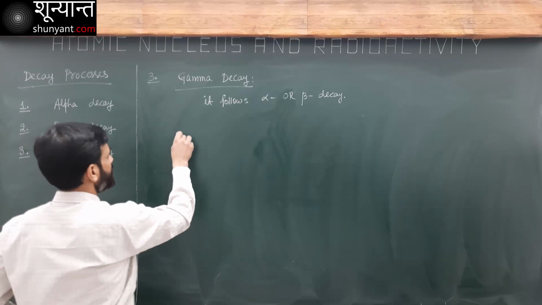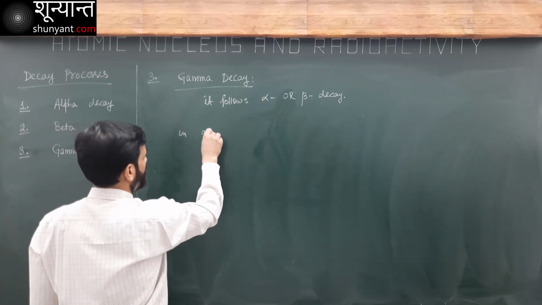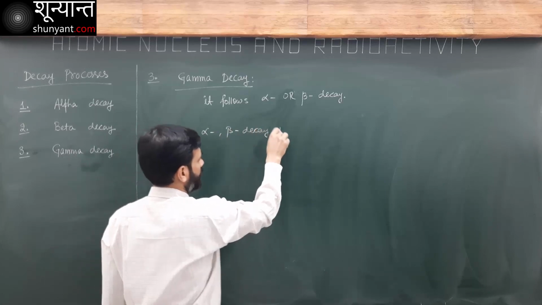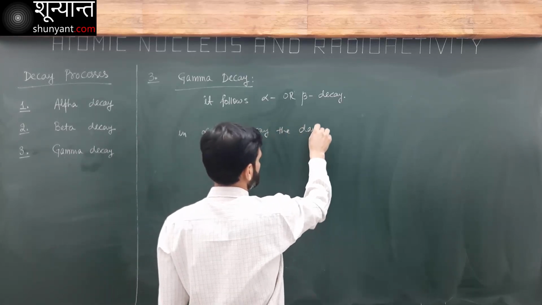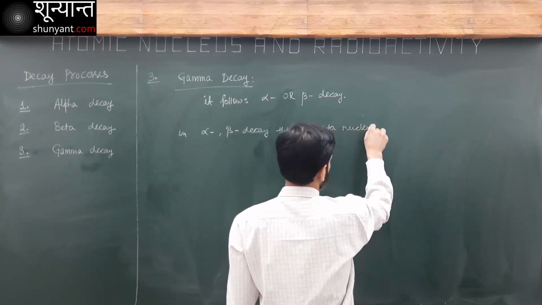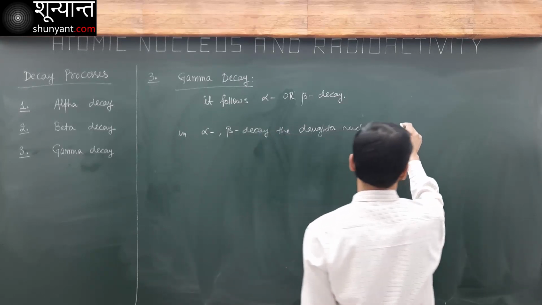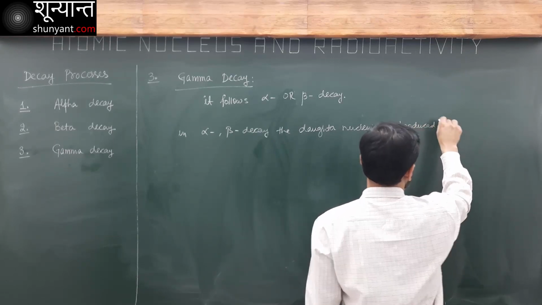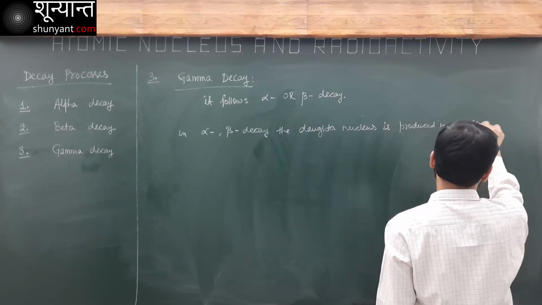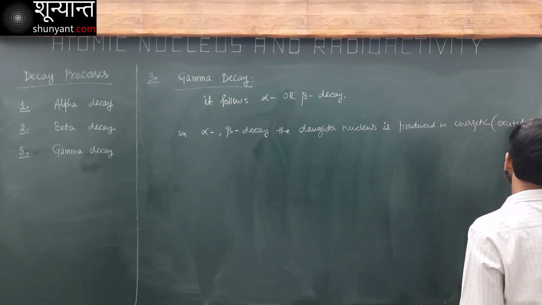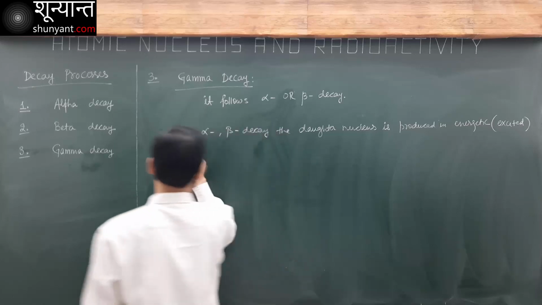Now what happens is, in alpha or beta decay, the daughter nucleus is produced in an energetic, excited state.